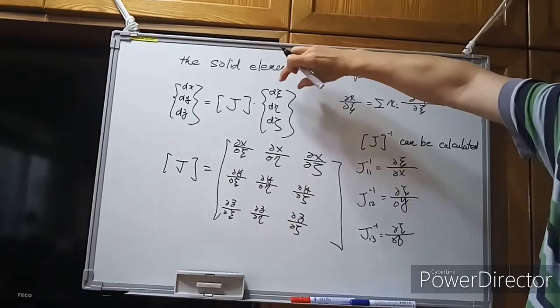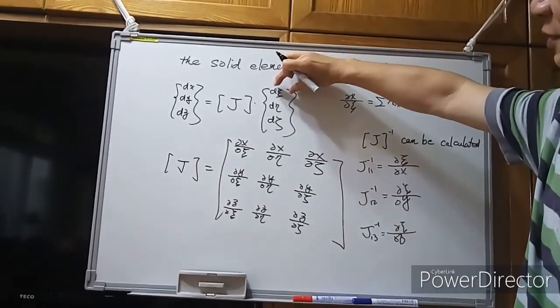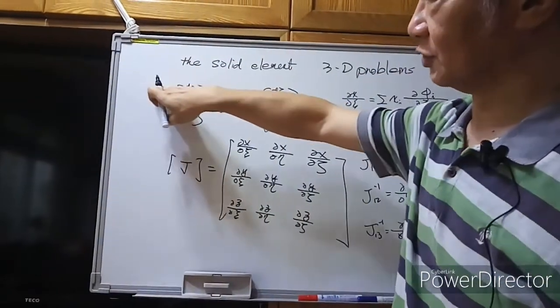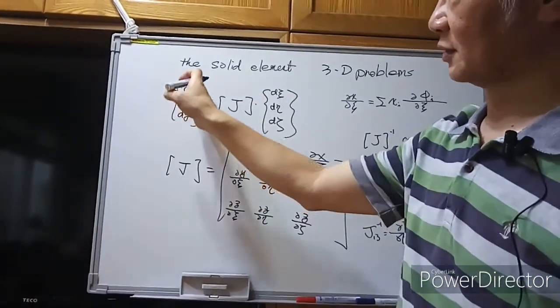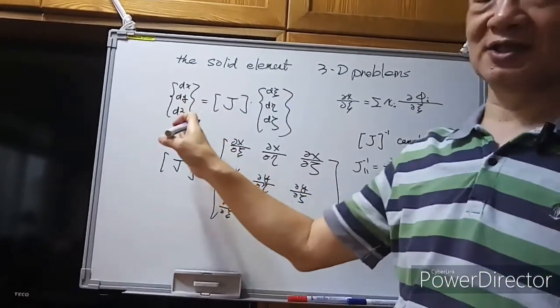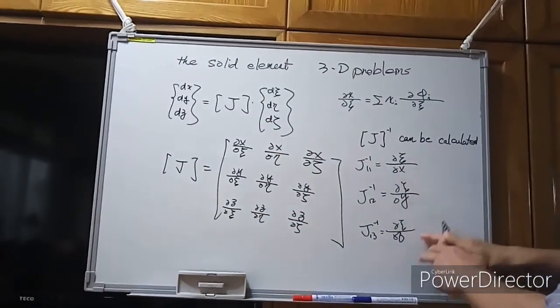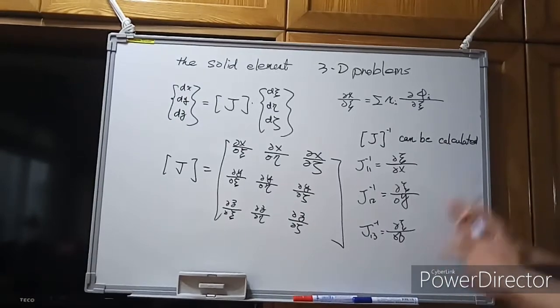Since the term d xi is equal to the first row of the J inverse times dx, dy, and dz, the first row of the J inverse should be these three.